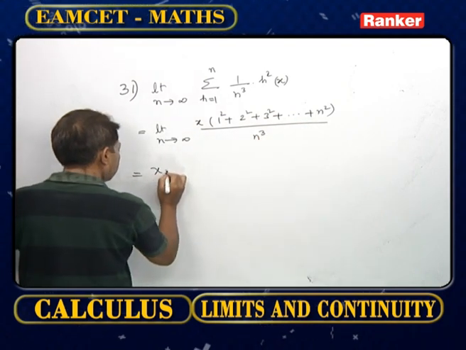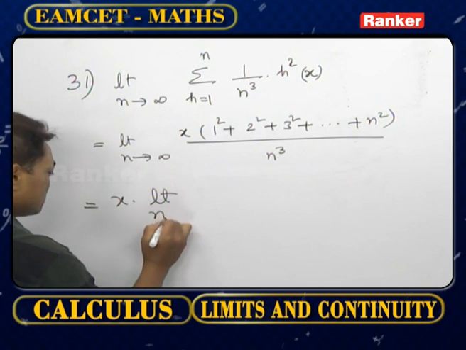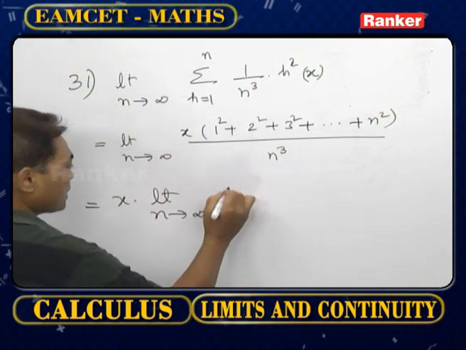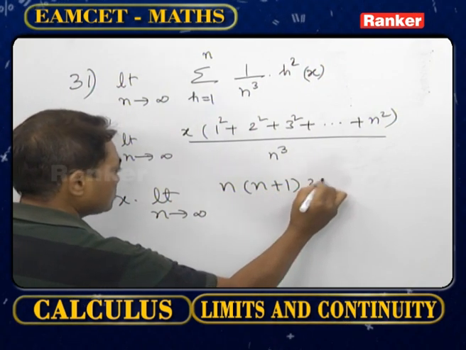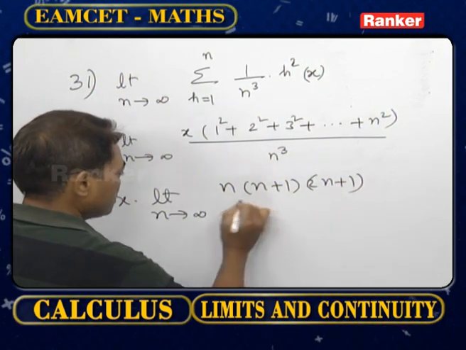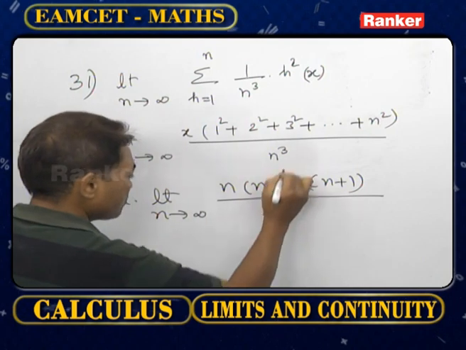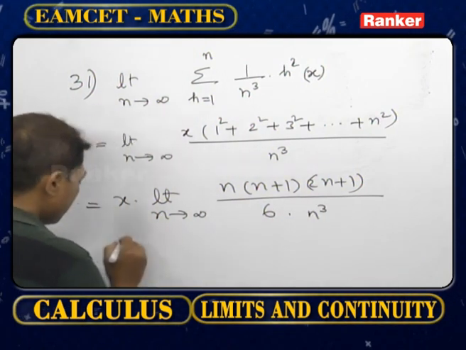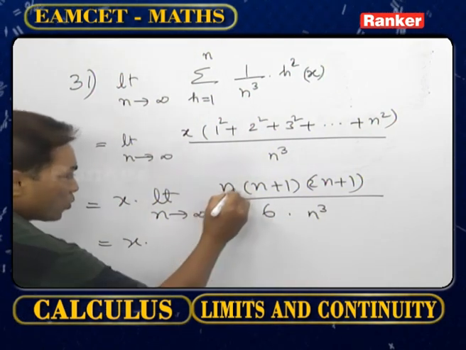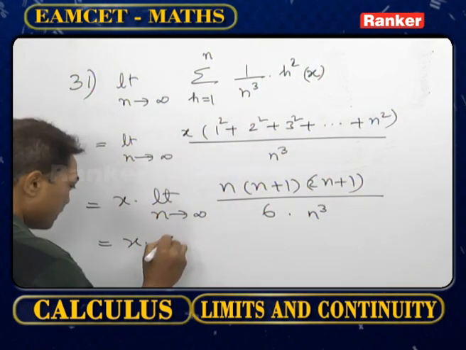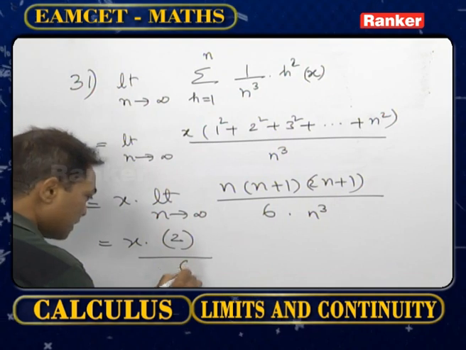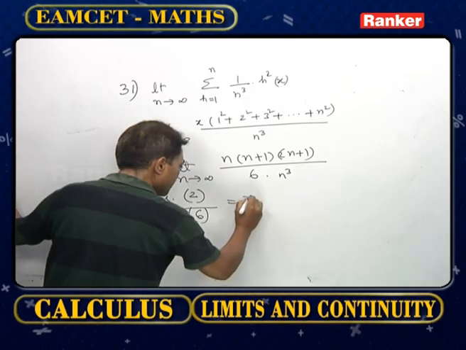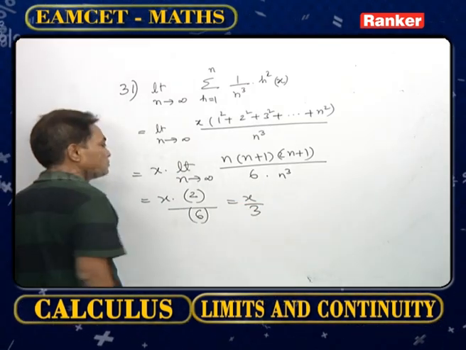So, you can take x outside. Sigma n square is n into n plus 1 into 2n plus 1 by 6. Of course, this n cube is also there. So, as we said, quotient of n cube in the numerator is 2, quotient of n cube in the denominator is 6. So, it becomes x by 3.